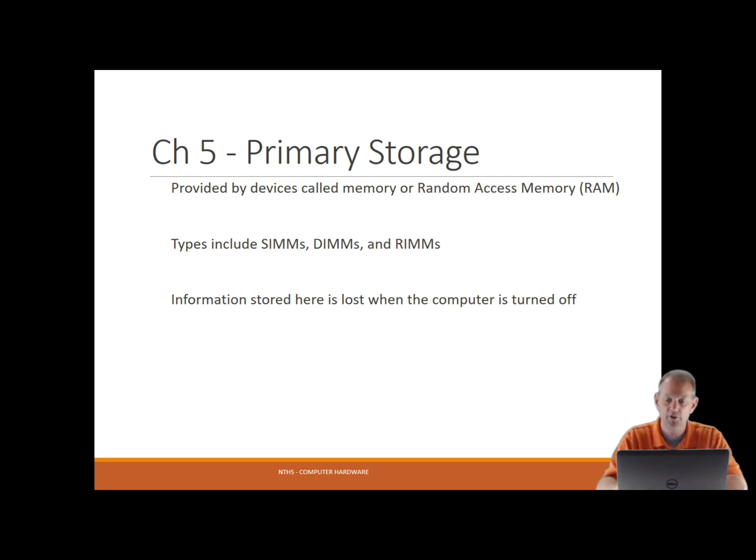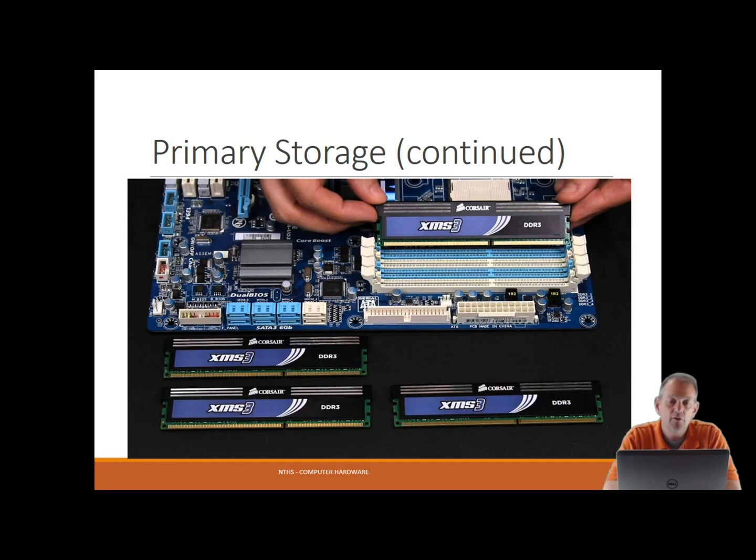All information in primary storage is lost whenever we turn off our computer. It's held in memory sticks. The kind of stick in this laptop is a different form factor than in your desktop, but it's still basically the same thing. It's memory. It is storage spots of zeros and ones, tables that the computer then puts that binary information into and pulls it out continually.